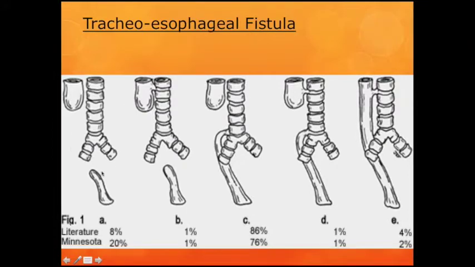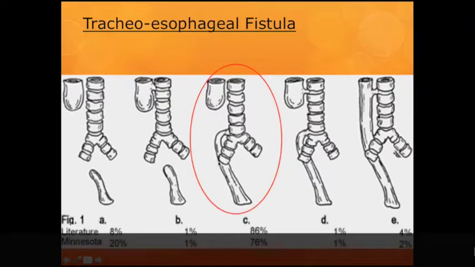So there's different types. They can be classified A to F, or they can be classified by the way they look. The most common is esophageal atresia, which is this, with distal fistula. And this is called the H type. Actually, it's not called the H type. This is the H type. This is the second, I think the second most common.